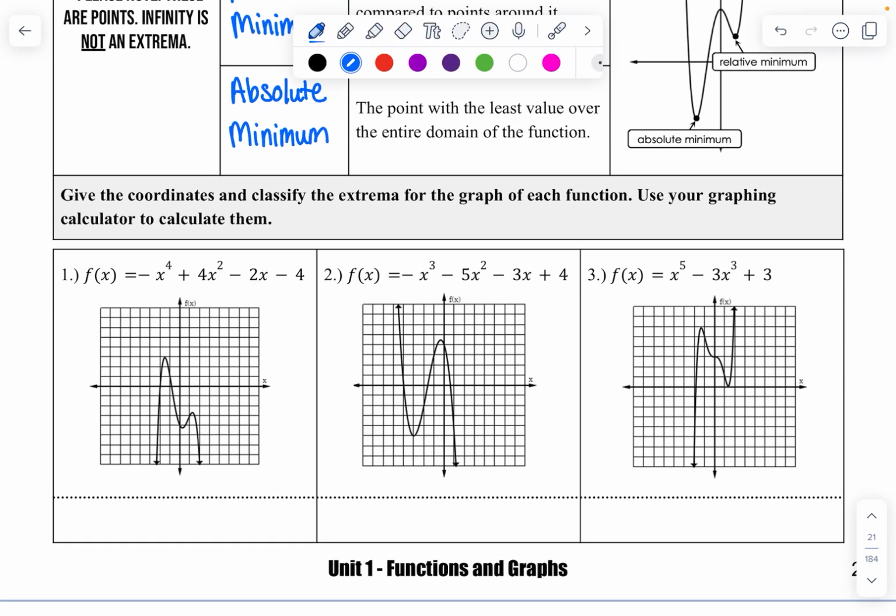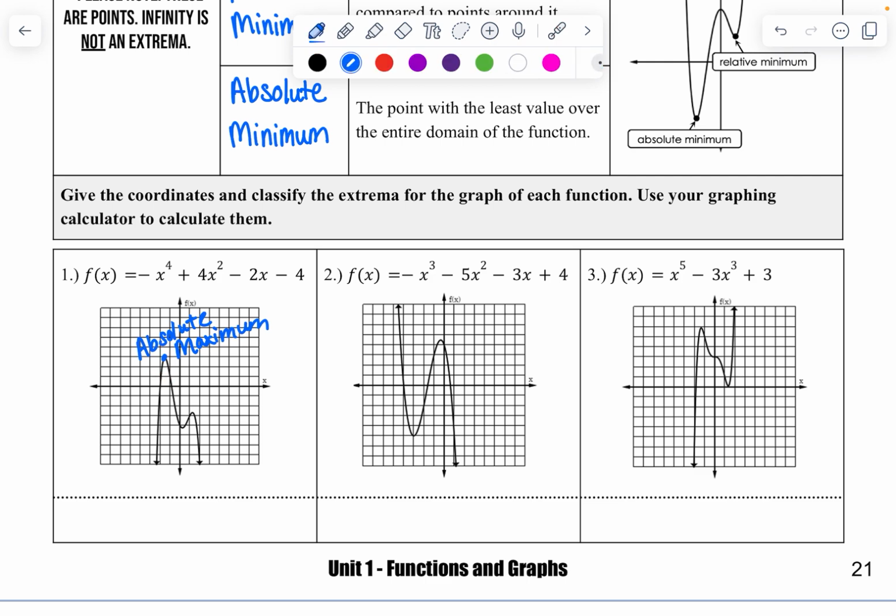All right, so on these three questions, we are going to use the graphing calculator to find the exact value. We can see right here is the absolute maximum for this function graphed. Because it is an even function and the end behavior, both of the ends are headed down, we know it will never go above this point.